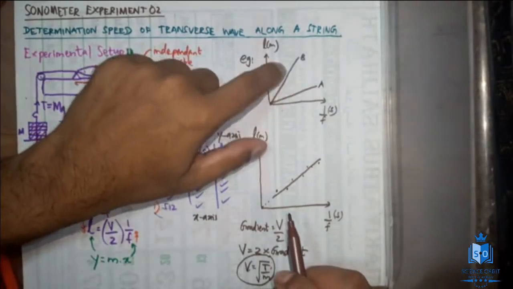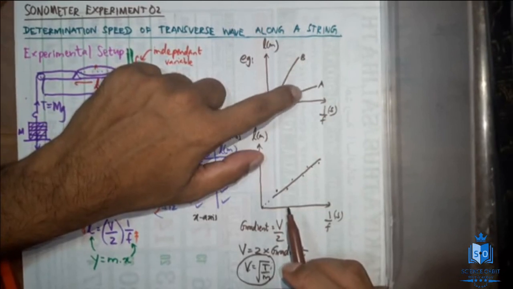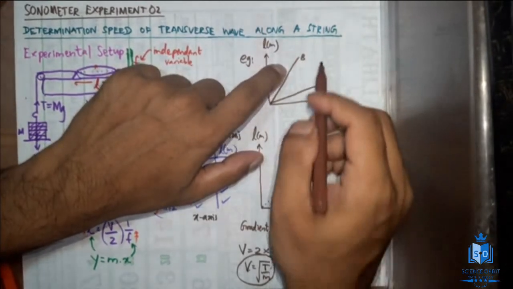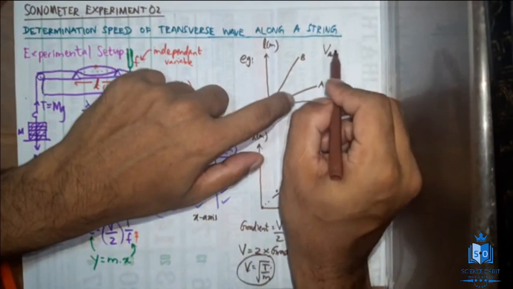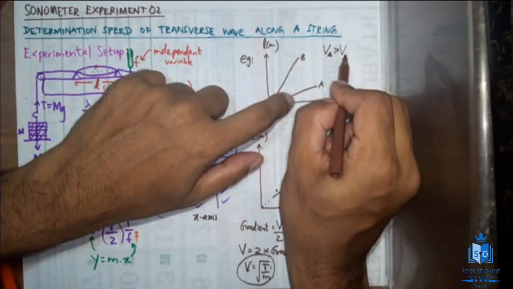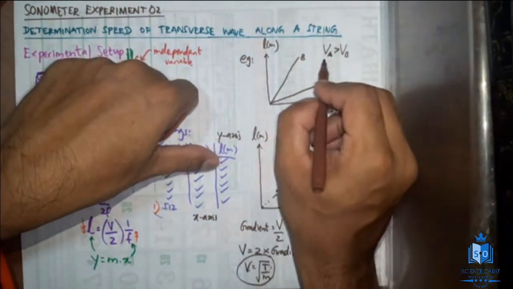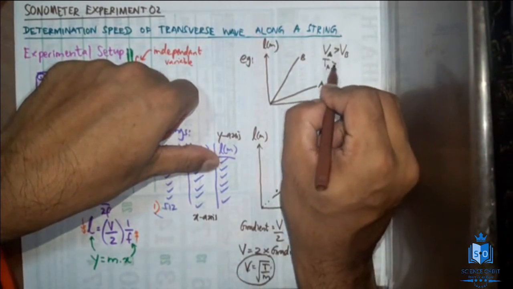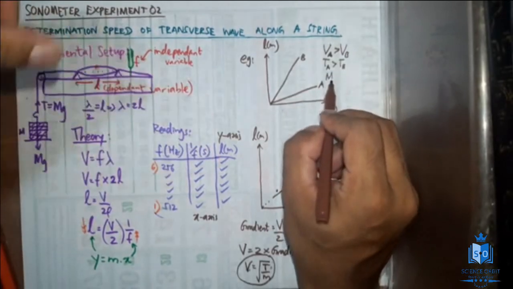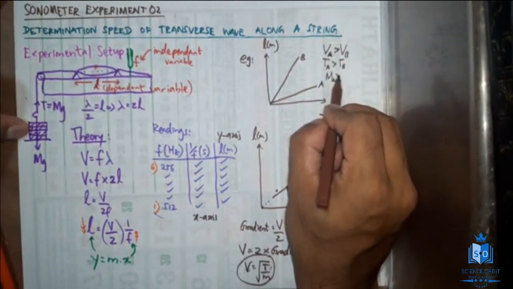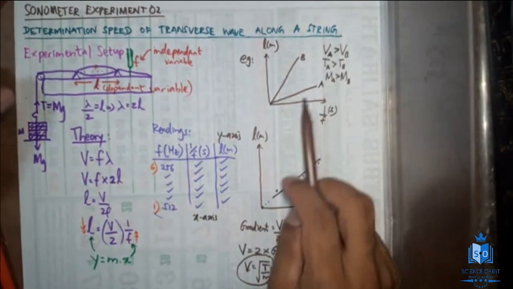Let's say there are two graphs like this, A and B graphs, and you can see graph A has a lower gradient, graph B has a higher gradient. That means speed of transverse wave in string in experiment B is greater than in experiment A. If speed is high, that means tension in the string during experiment B is greater than during experiment A. That means the mass of the weights we used in experiment B must be greater than in experiment A. I am putting capital M, not simple m.